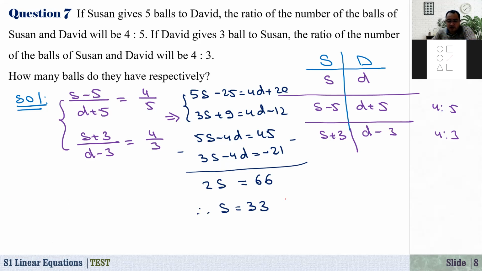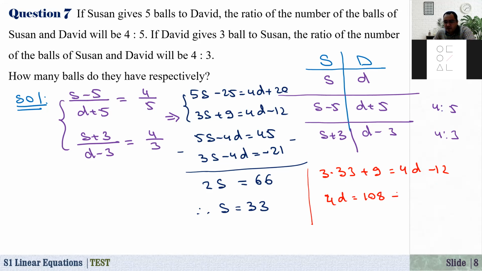Let me just write in red. The second one maybe. It is 3 times 33 plus 9 is equal to 4 times D minus 12. Or 4D is equal to 3 times 33, 99. 99 plus 9 is 108.